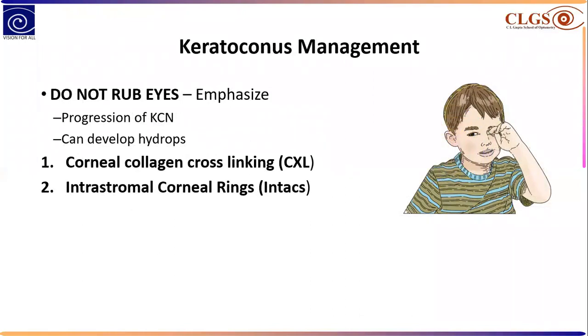So what do we do for keratoconus management? First and foremost, you always have to explain this point to the patient: don't rub your eyes, because it has been shown that it leads to the progression of keratoconus and can also lead to hydrops, which eventually leads to severe scarring of the cornea, and the patient has to go for a corneal transplant.